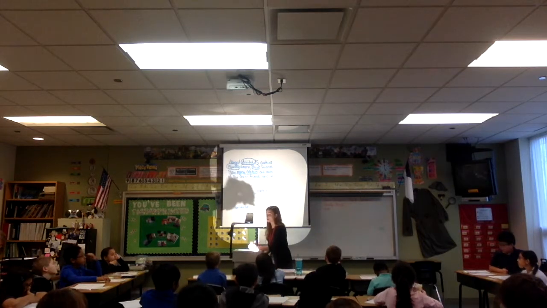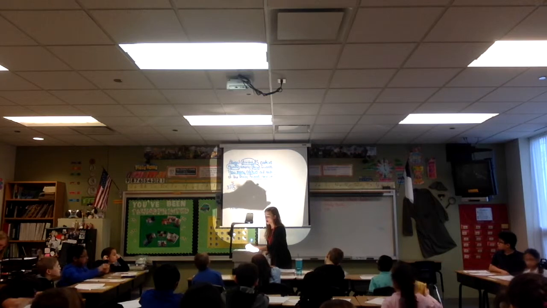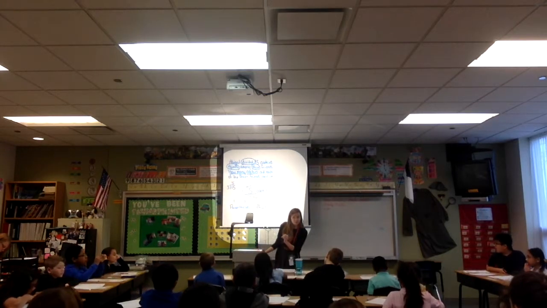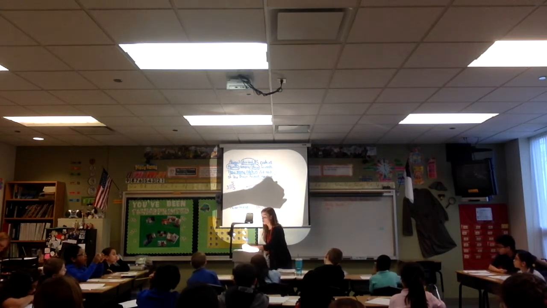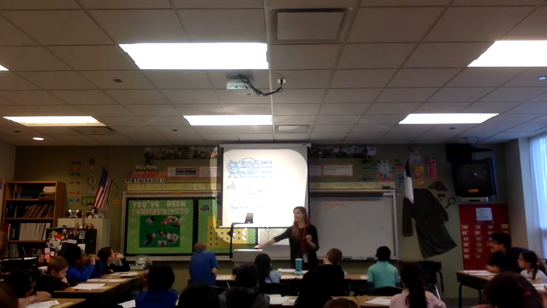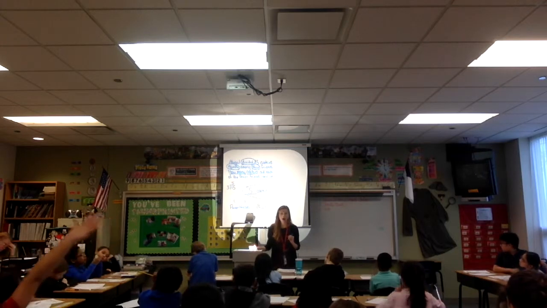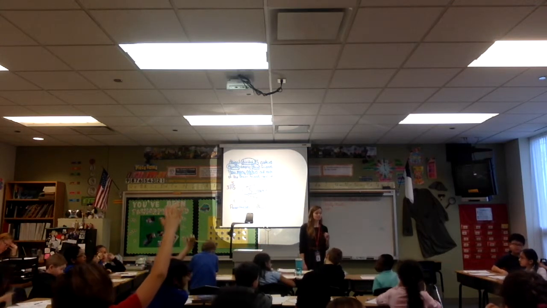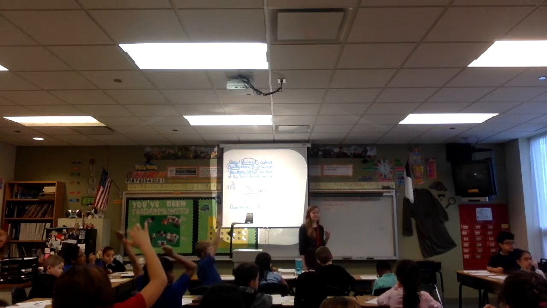So, for example, I'm going to model for you some problems. Let's say we have 5 plus 3, and it's in parentheses, minus 2 equals blank. Well, I see that there is a parentheses around the 5 plus 3. So what am I thinking when I see a parentheses?